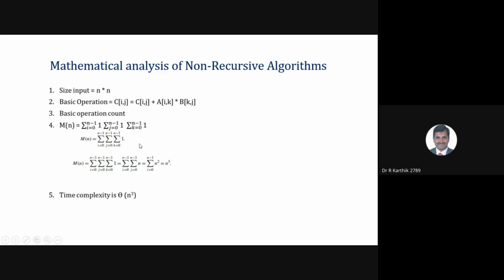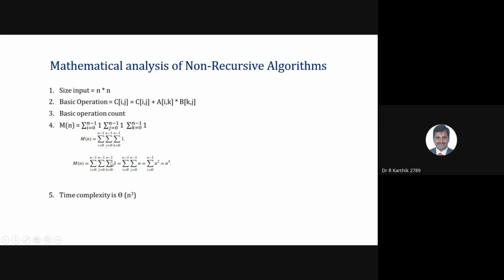For this, we have studied one formula: n minus k plus 1. Here the upper value is n minus 1 and the lower value is 0, plus 1. So n minus 1 minus 0 plus 1. Minus 1 plus 1 will be cancelled. So we will have only n, which is written here.